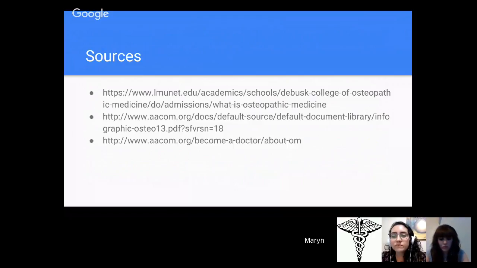To be honest, I had no idea what osteopathic medicine even was. So, just the fact that it's out there and I was unaware of it beforehand, and just how cool it is that they work with it more in a natural way, and it's not so medicine based.